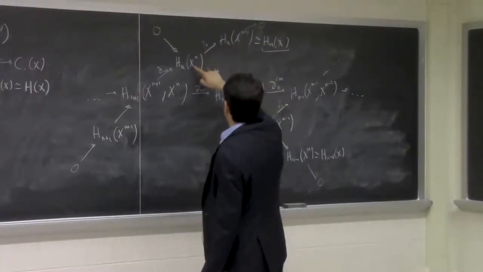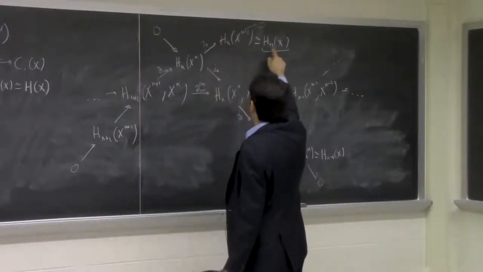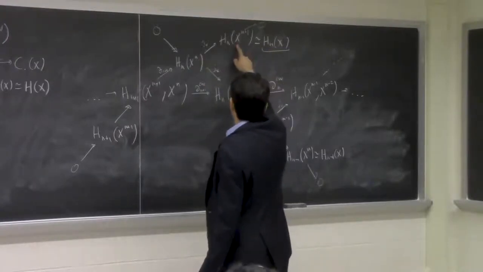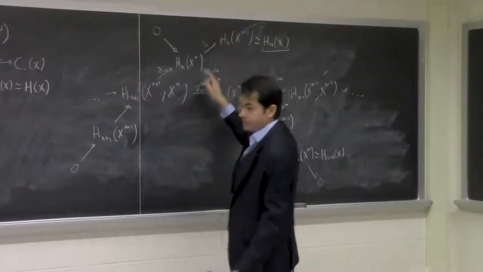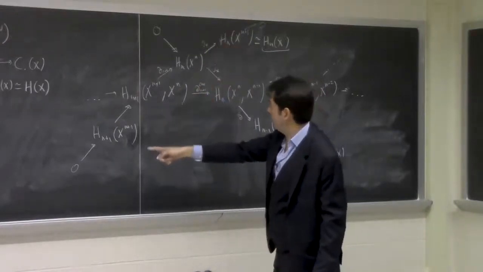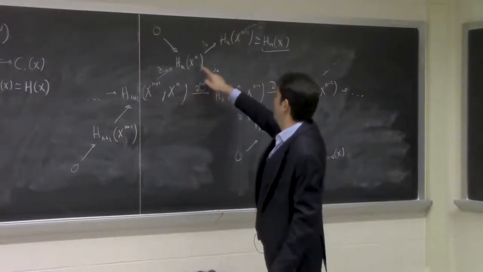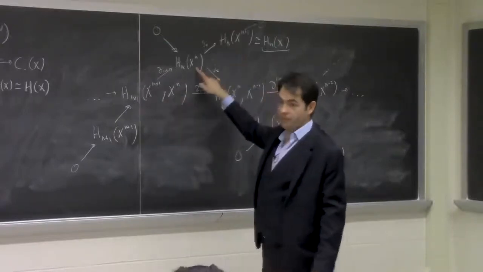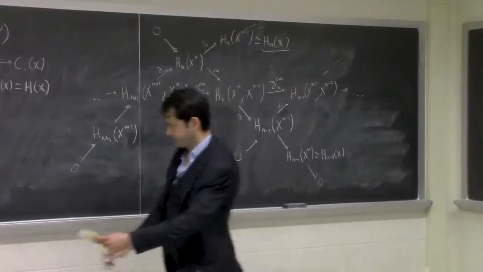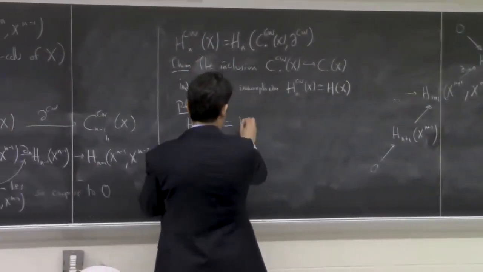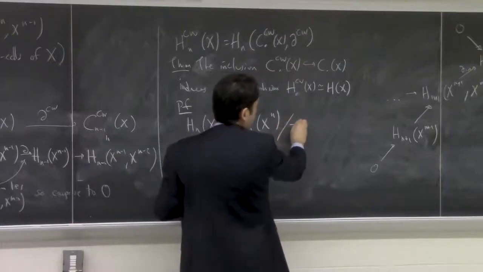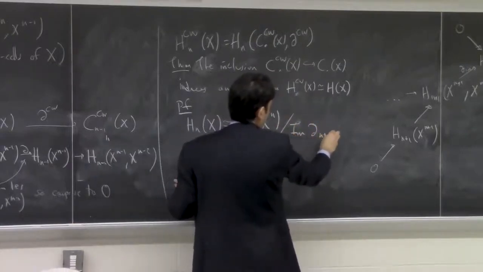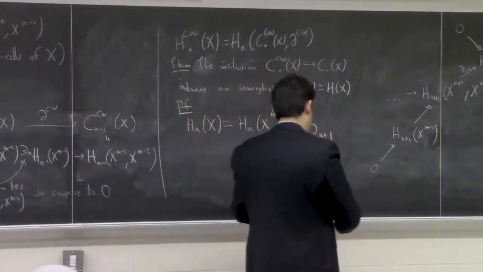And so this guy is isomorphic to this guy modulo the kernel of this map. But because this is an exact sequence, the kernel of this map is the image of this map. So here we get that this is Hn of xn modulo the image of boundary n plus 1.